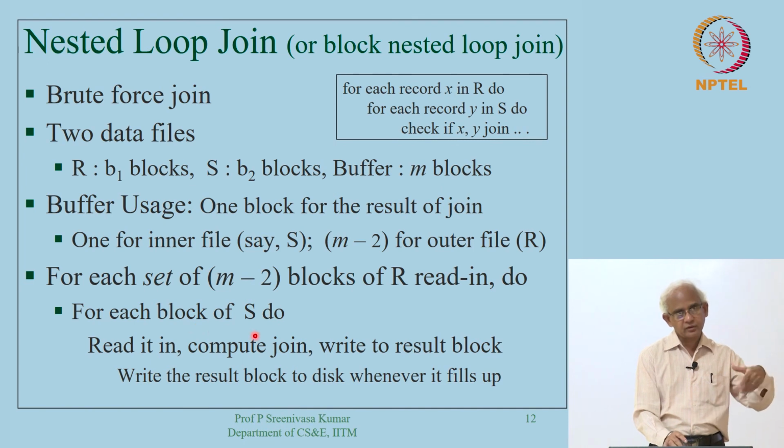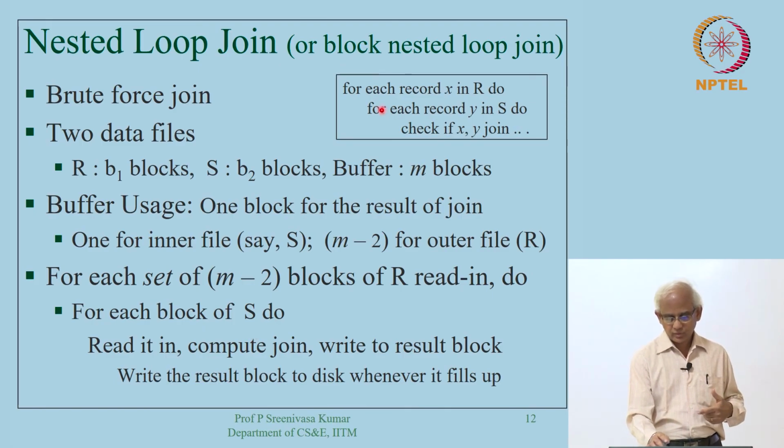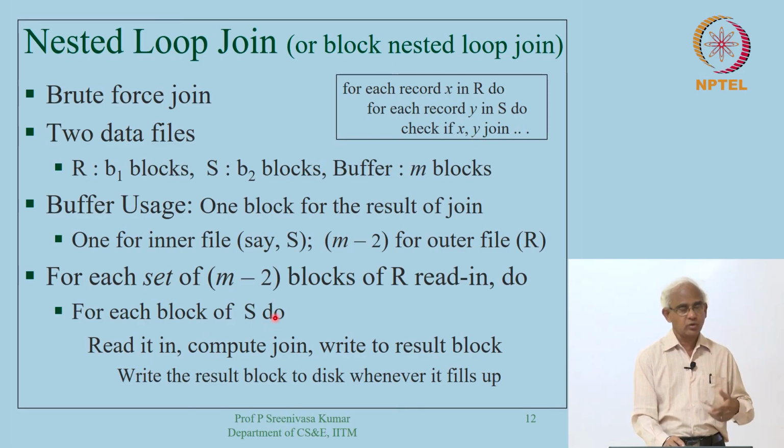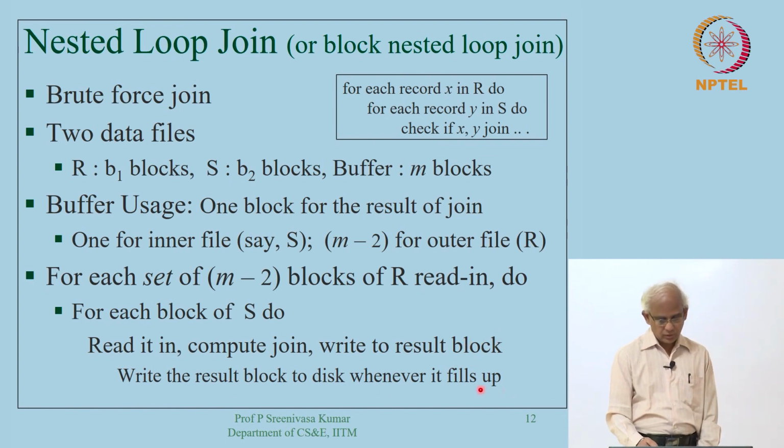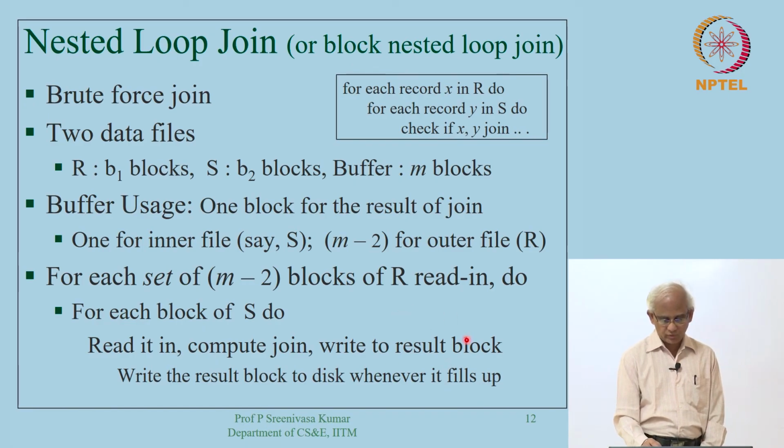Now keep reading the other file one block at a time. For each record in S, we have to read the entire S, one block at a time, and once we read one block, we can do a computation, figure out which of those records of S will join with any of those records of R. So read it, compute the join, and write the result to the in-memory block temporarily, and as soon as the block fills, you can write it back to the disk.